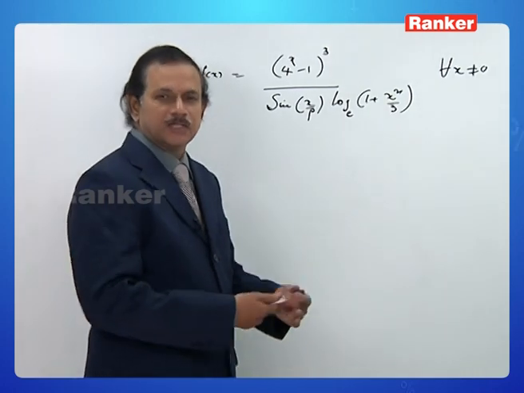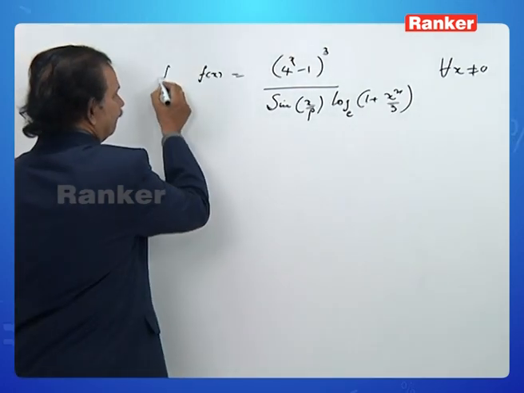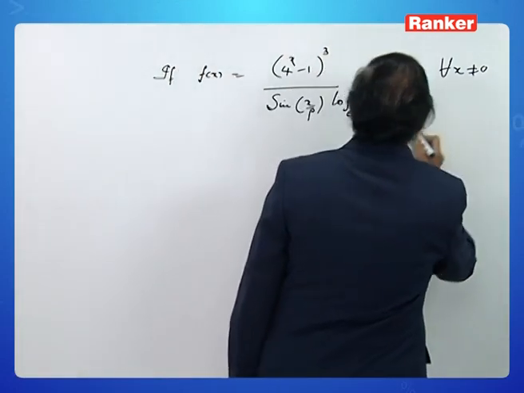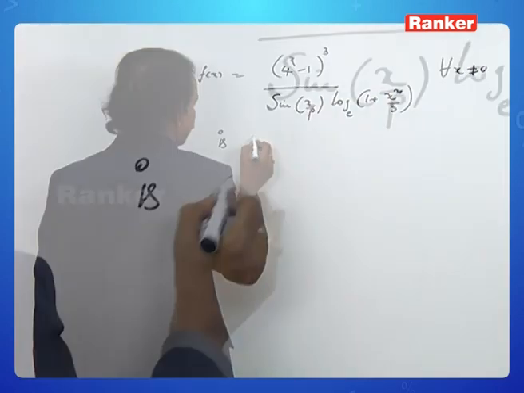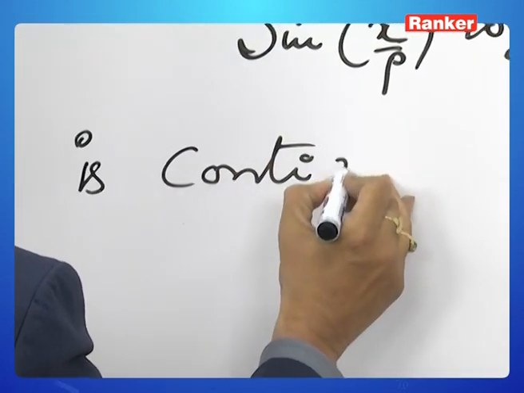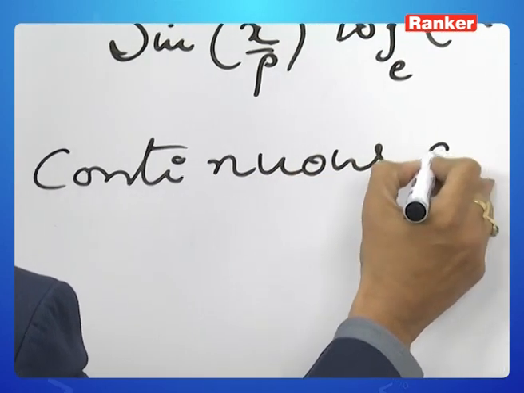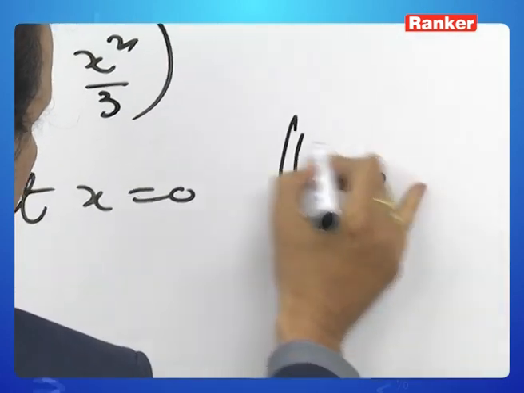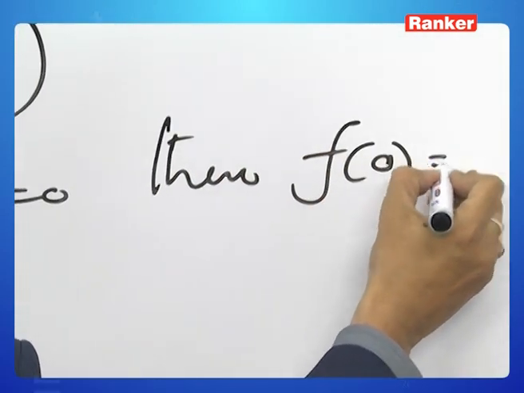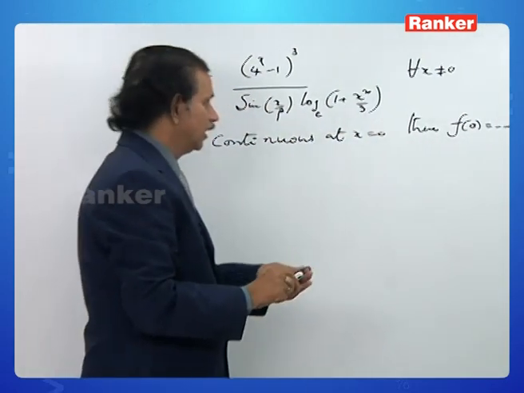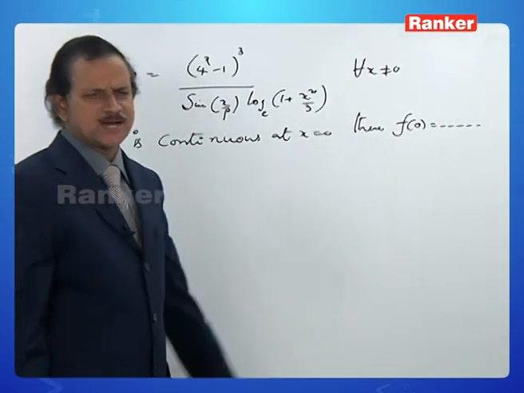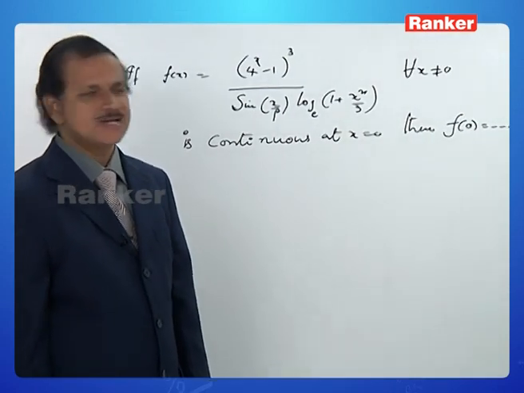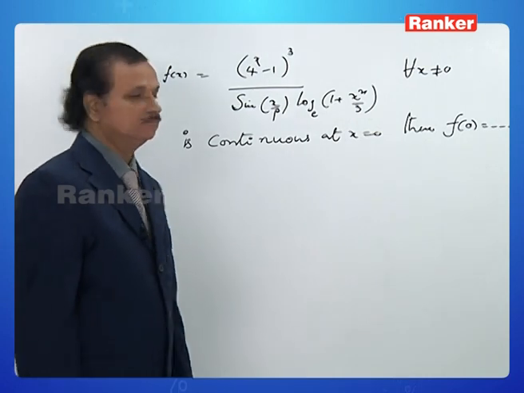And as usual, he is giving us that if f is continuous, that is the question. Of course, there are certain options. We can do nothing by looking at the options directly. Let us now make an attack to have the answer.